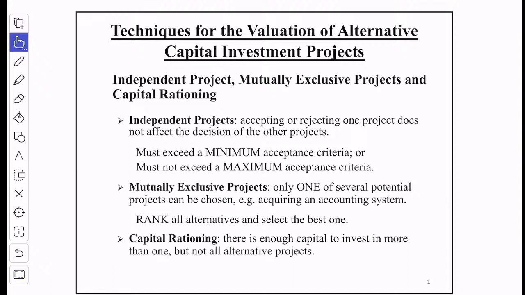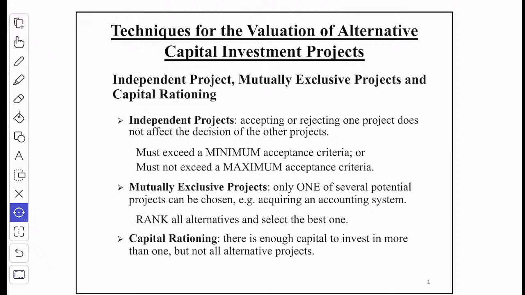And we want to figure out, should we pursue it? So the question, should we pursue it, is an analysis of an independent project. Accepting or rejecting one project does not affect the decision of other projects. And for each method, we're going to talk about criteria for accepting or rejecting the project. And I've been very general here because there's different types of approaches that we're going to discuss.